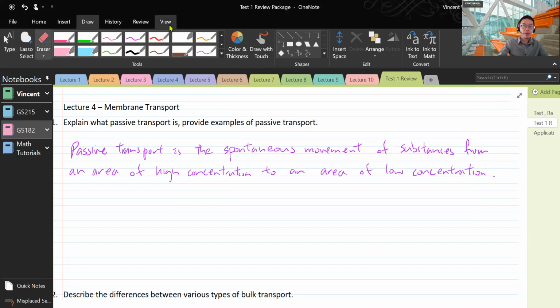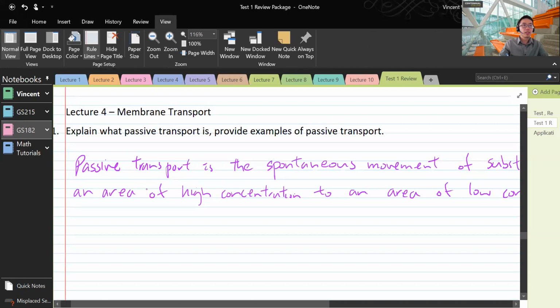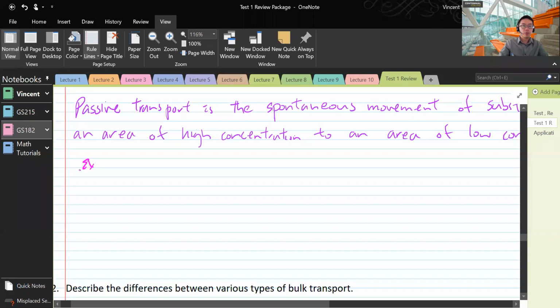Examples of passive transport. Okay, very good. We have simple diffusion. You open up a bottle of perfume or cologne in one corner of the classroom. Soon the whole class will be able to smell it. Simple diffusion. Or just diffusion is fine. Okay. What else? I'm looking for 2 other ones.